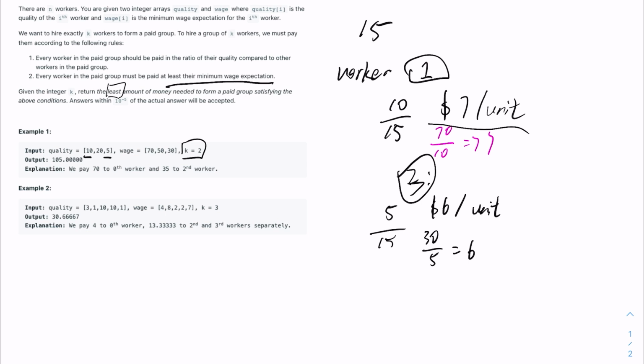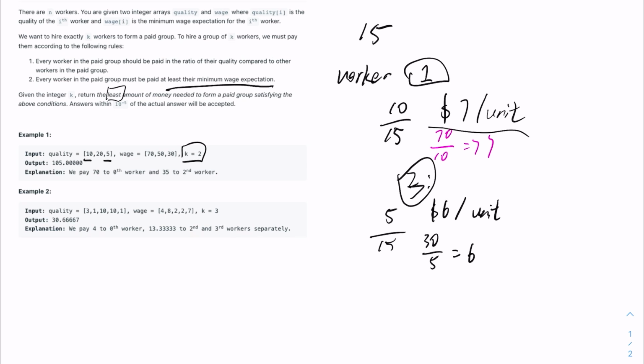So the idea for this algorithm is to first calculate the ratio for each worker.